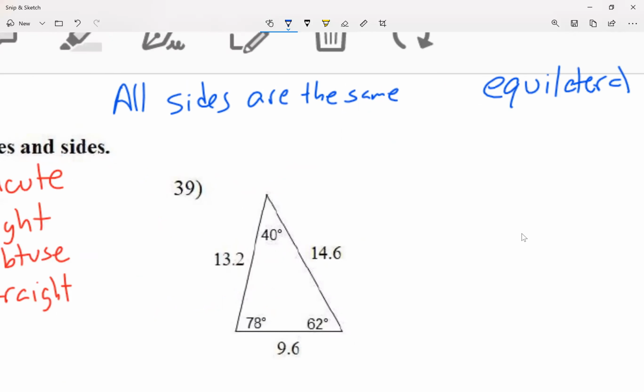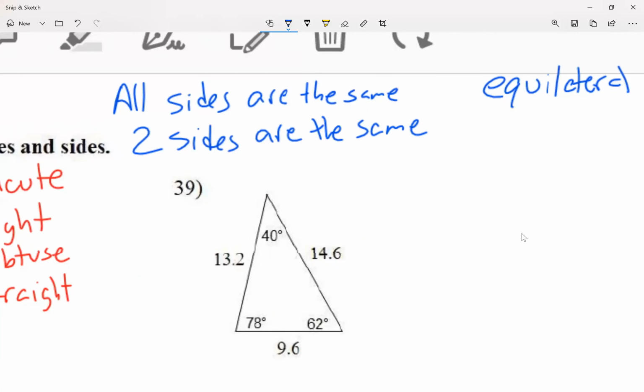Now, if only two sides, because there's three sides, right? Now, if two sides are the same, I'm going to call this isosceles.